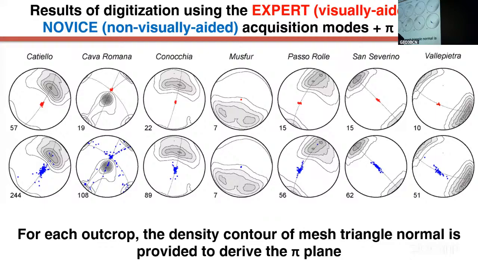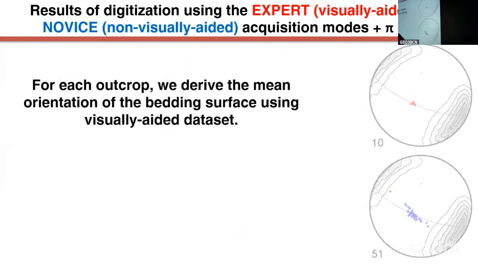Okay. In red, the poles by the expert user. In blue, the poles by the novice user. Let's focus on this. Okay. This density contour is just the contour of the triangles making the mesh of the outcrop.